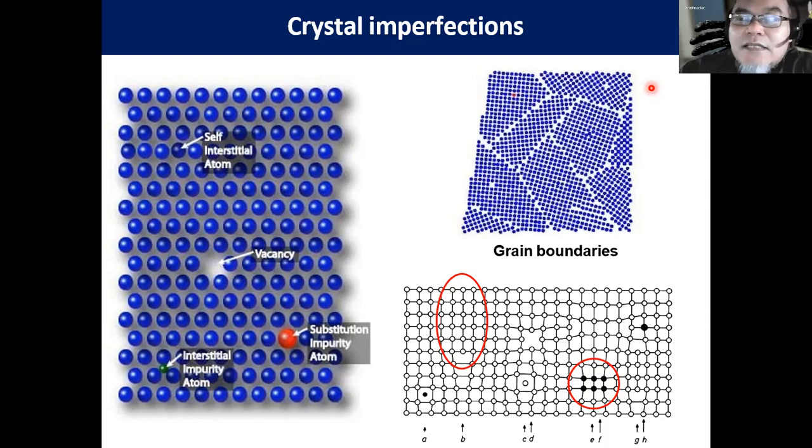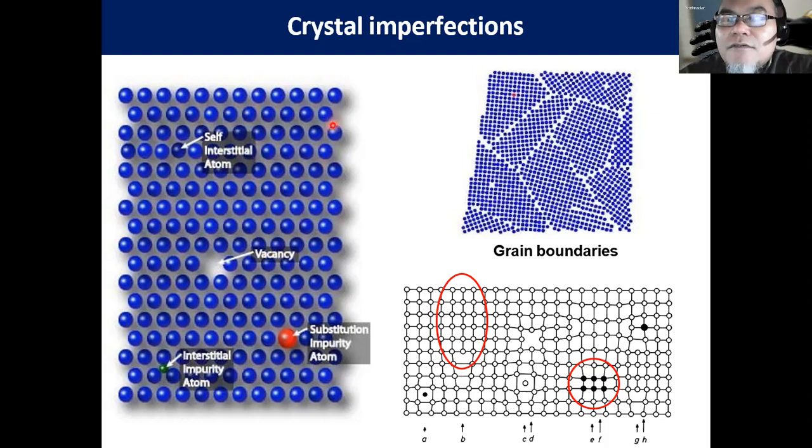This is called interstitial impurity atoms. We also have substitutional impurity atoms, where the impurity atoms have similar or a bit larger size compared to the host atoms. These four cases of imperfection happen at point locations, which is why they are called point imperfections.